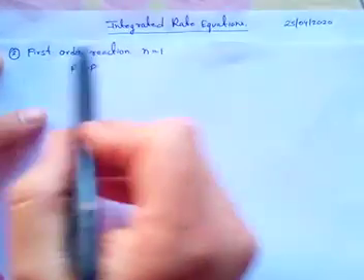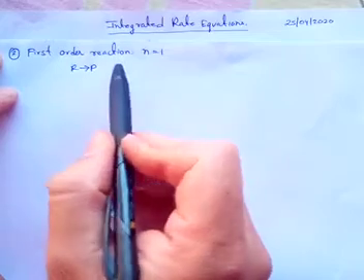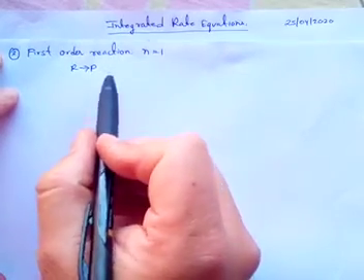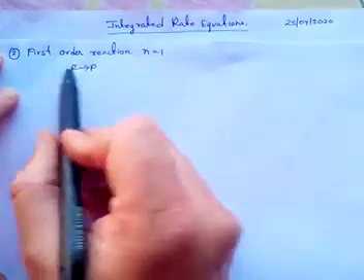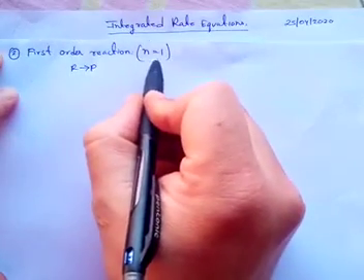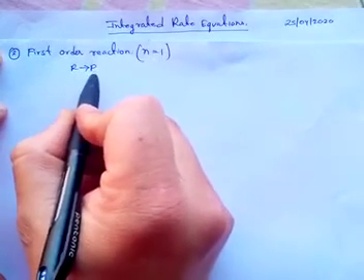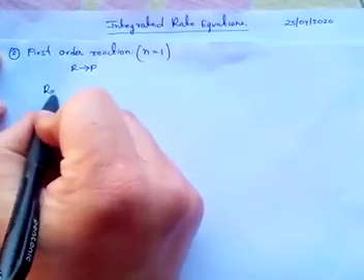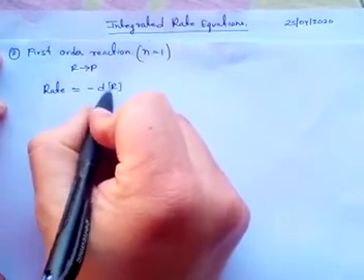Next we will learn about the integrated rate equation for first order reaction. In the syllabus we just have zero order and first order reaction. So for first order reaction, n equals 1, okay. As the reaction goes to the product, we know rate is equal to minus dR by dt.